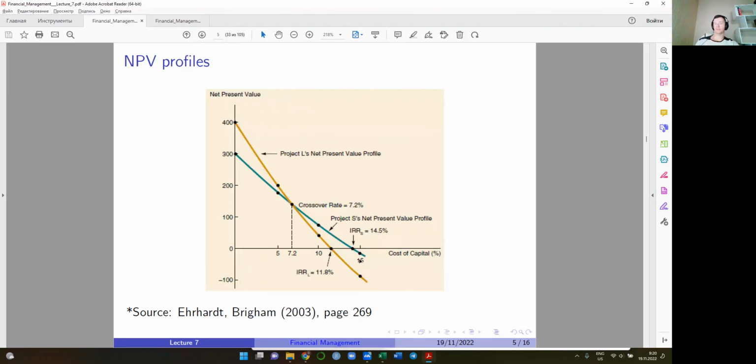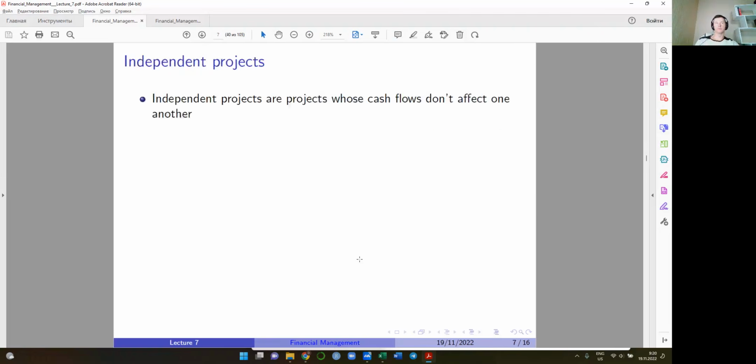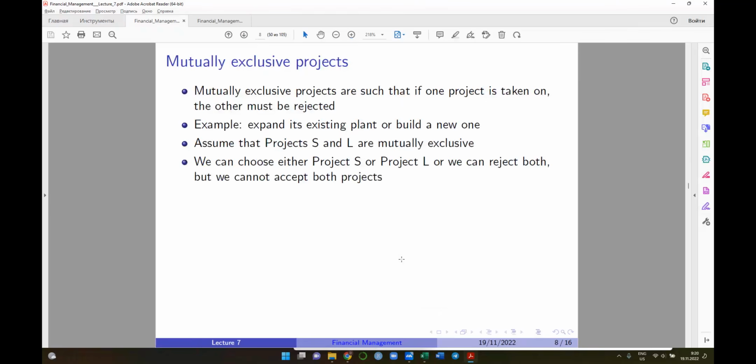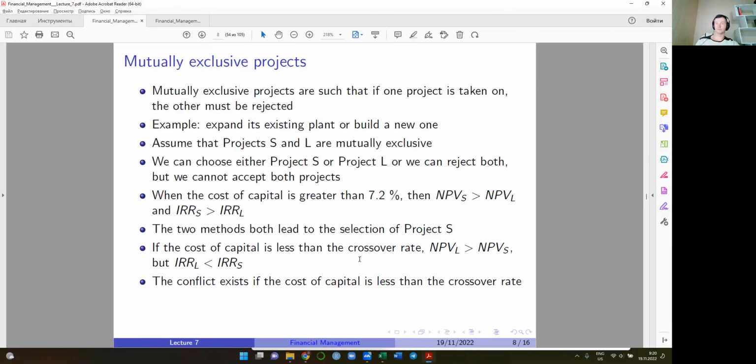Now we have a question. Which one to choose? There is a conflict between two criteria. One criterion says choose L, another says choose S. Which one to choose?